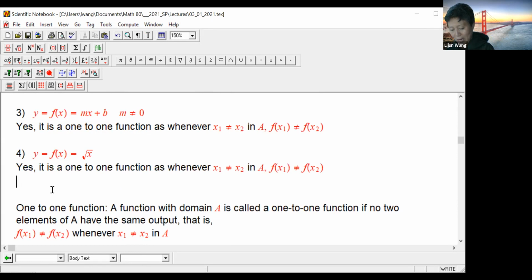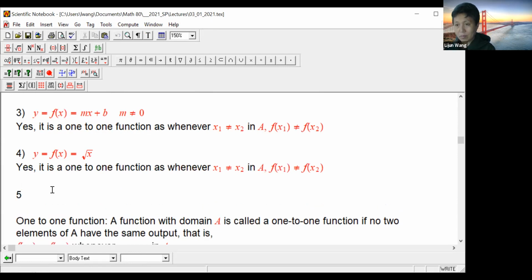Now look at number 5. This time the function is x squared. Is x squared a one-to-one function?